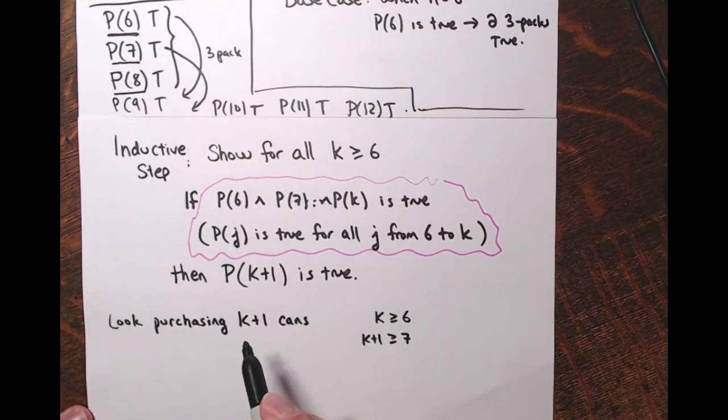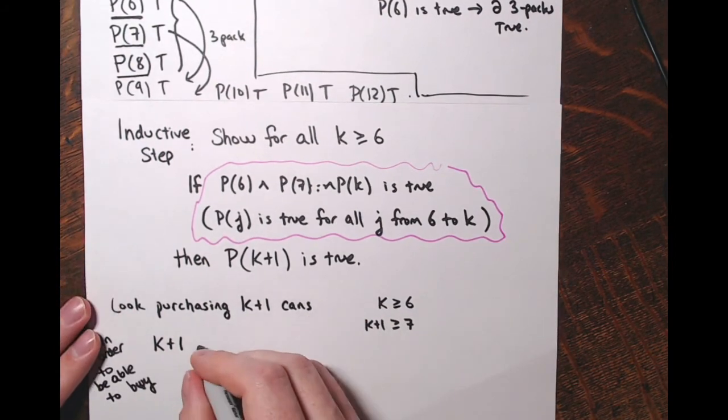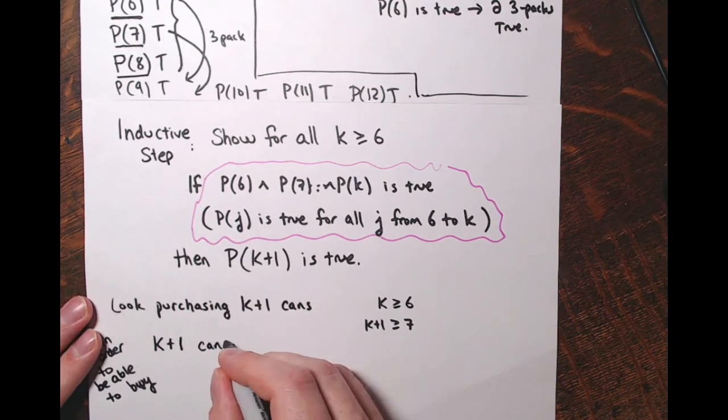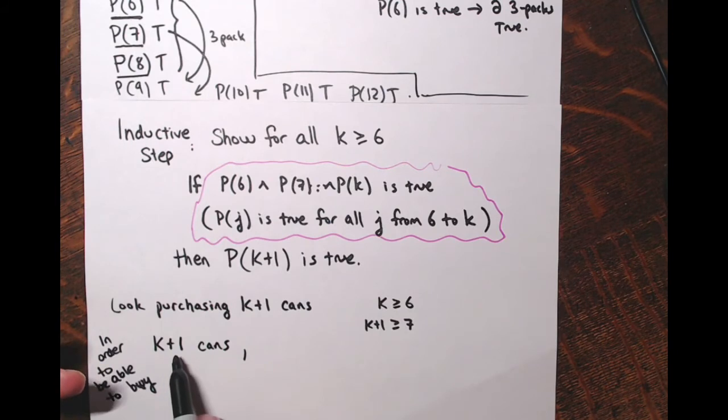Now in order to be able to buy k plus 1 cans, you need to be able to buy up to 3 less or up to 4 less, right?